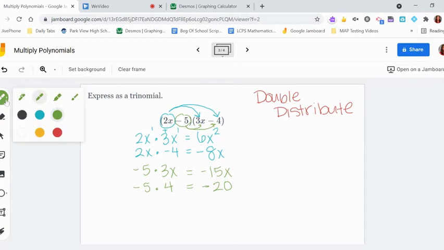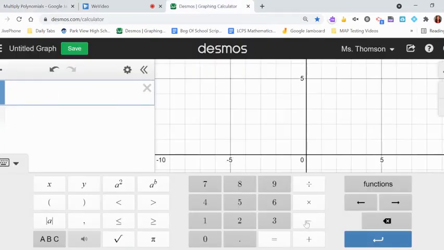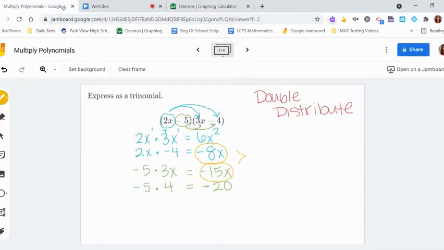Okay, the last step here will be to look for like terms. You have your 2 answers from our first distributing of the 2x, 2 more from the second distributing of the -5, and now I'm going to combine like terms. I have a -8x and a -15x. -8 minus 15, if you need a calculator, gives me -23.